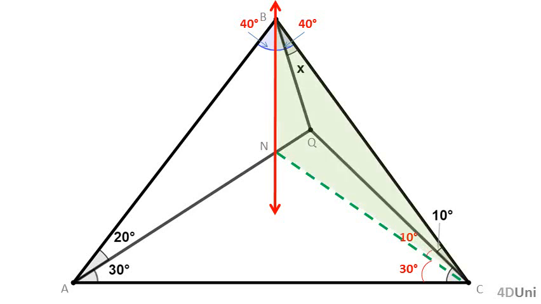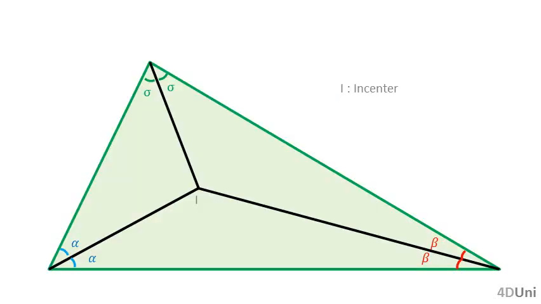And, as you can see, CQ is part of an interior angle bisector. Due to this finding, we should remember something about interior angle bisectors. In any triangle, the three interior angle bisectors intersect at one point called the incenter of the triangle.